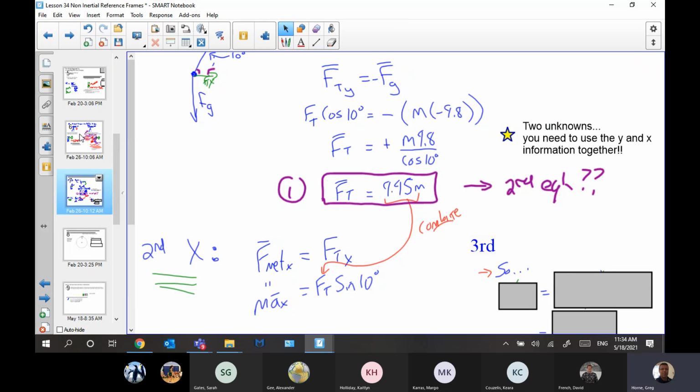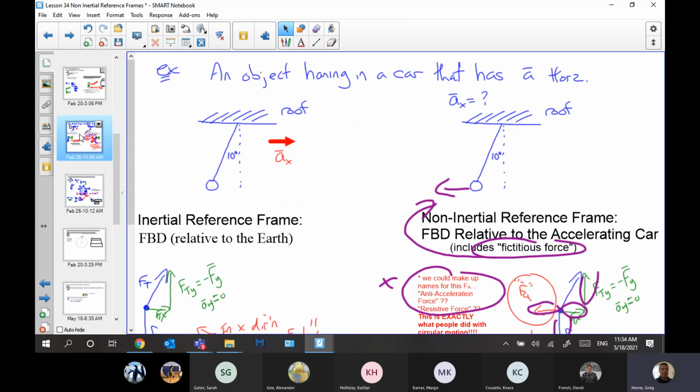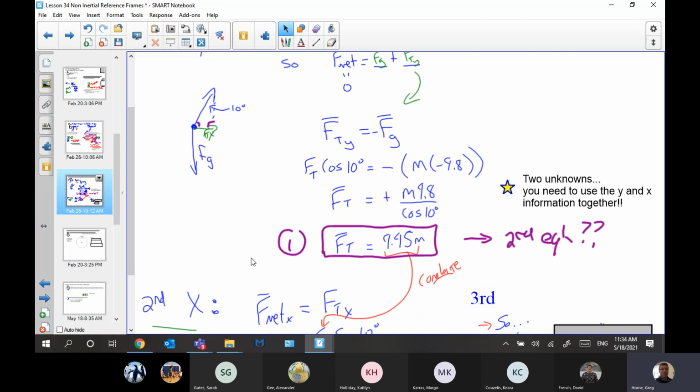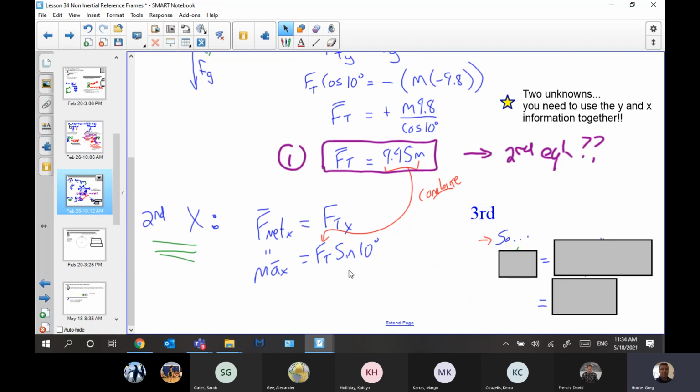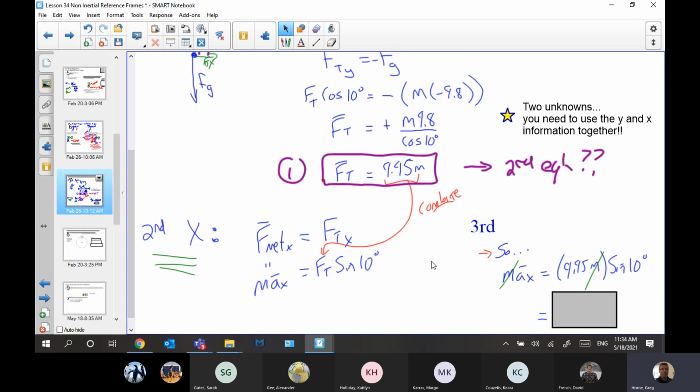We're given the angle. So in this question, we have the tension force plugged in as 9.95 m. That's the substitution point here.